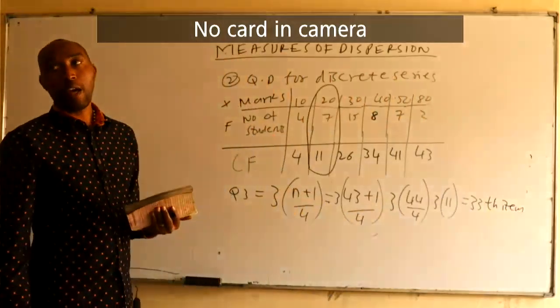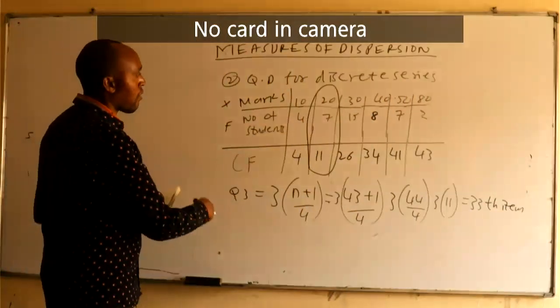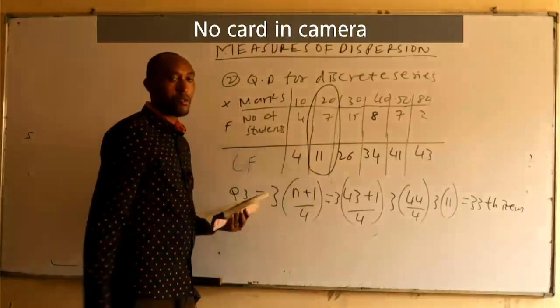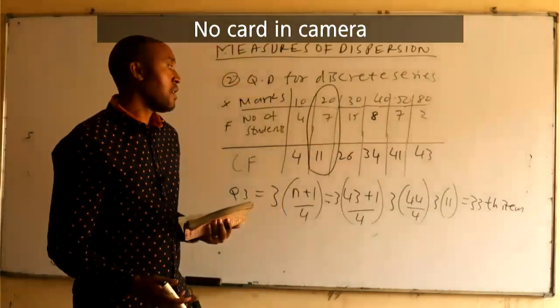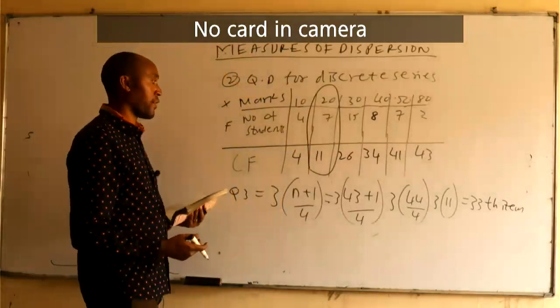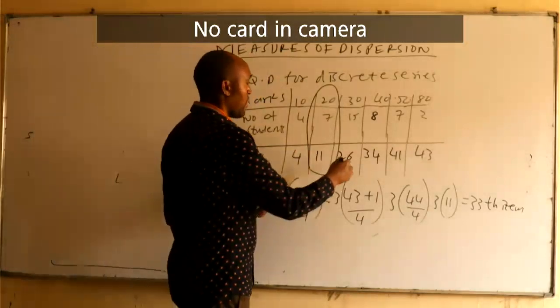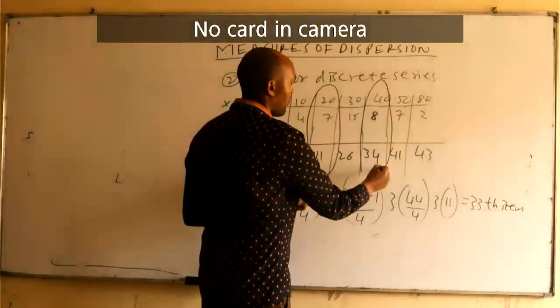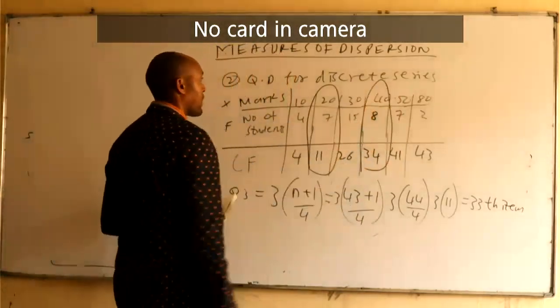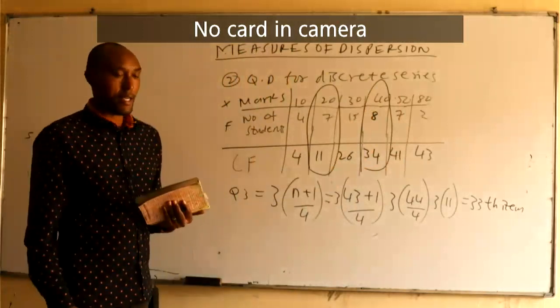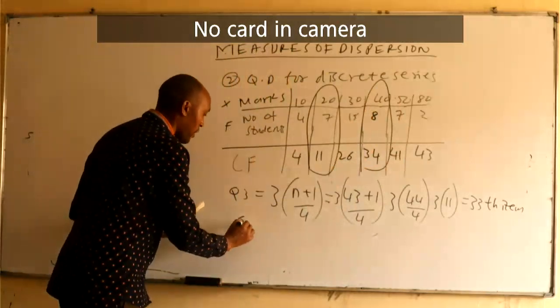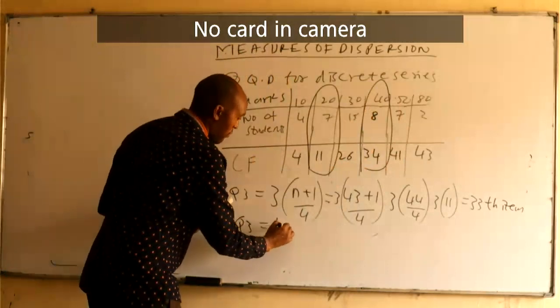So that's our nth item. Now we go to the same table using the cumulative frequency, and we look for a number which is 33 or close to 33. If you look at our table, we have 34 there. We are interested in where 34 lies, then we look for x up there. So our Q3 is equal to 40.